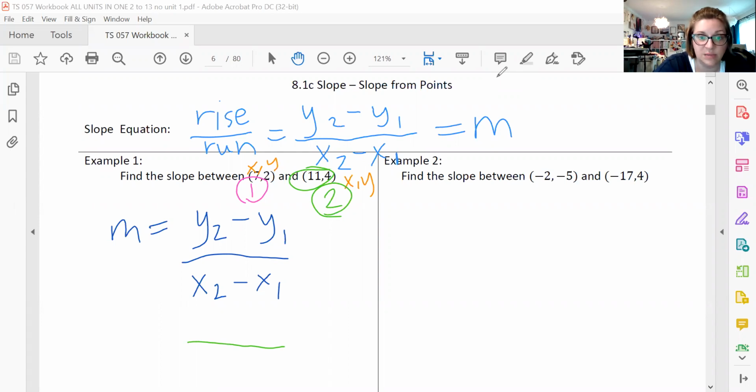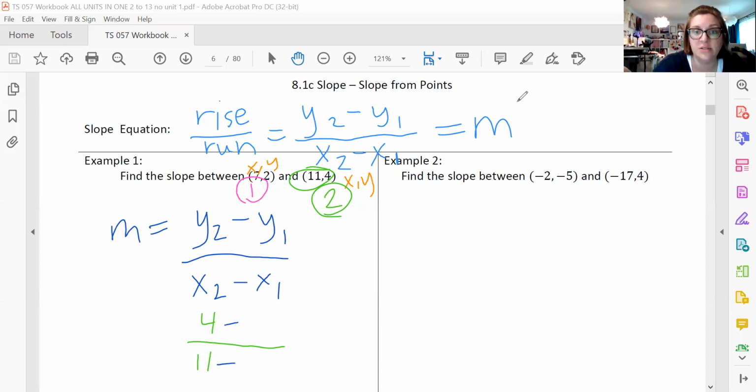Y in this one is the 4. The X in this one is 11. So there we go. Now, the minus signs stay. You see how I have those right over the top of each other? That's how I know that I've got them in the right place.